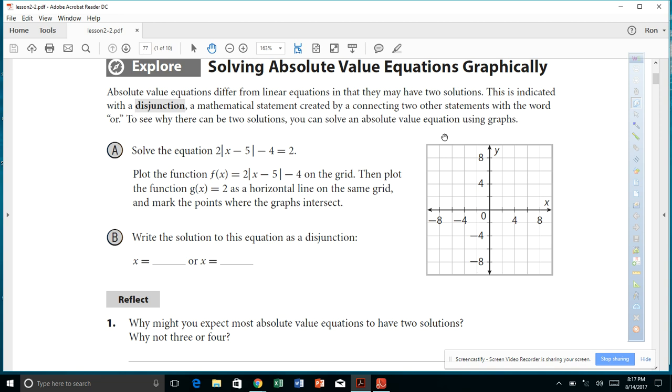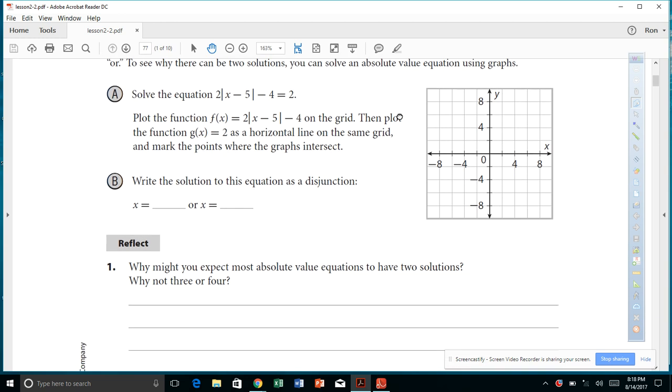So solving absolute value equations graphically. Absolute value equations differ from linear equations in that they may have two solutions. This is indicated with a disjunction, a mathematical statement created by connecting two other statements with the word or. To see why there can be two solutions, you can solve an absolute value equation using graphs.